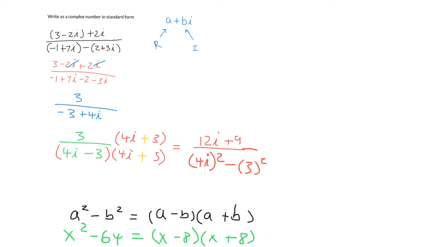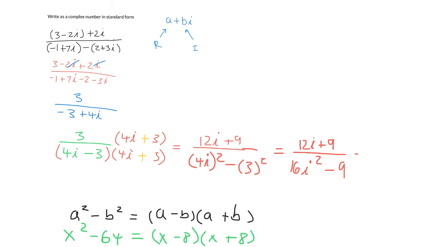Okay? That's what happens as a result of this, because we're moving from this position to this position, from this position to this position. So, therefore, it's still going to be 12i plus 9 on top, and the bottom becomes 16i squared minus 9.